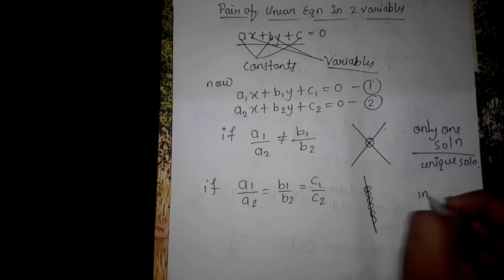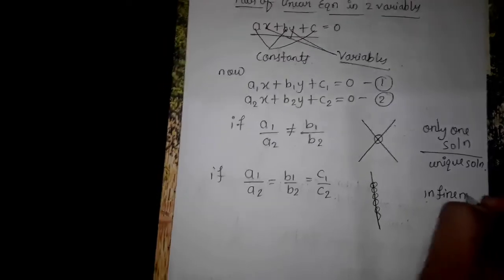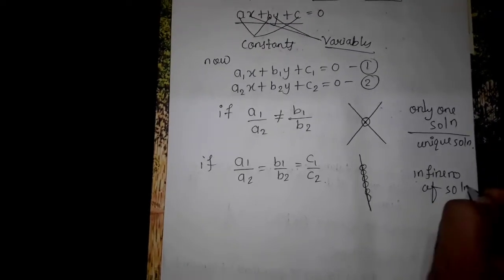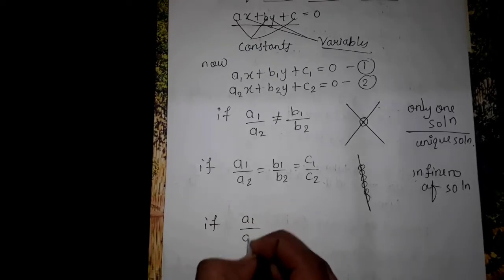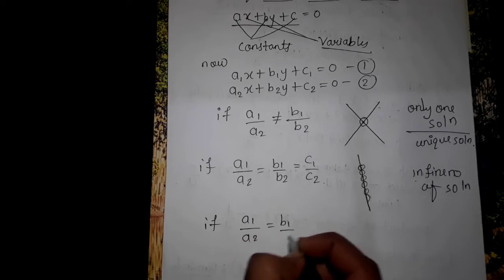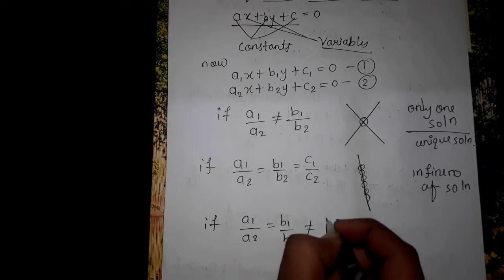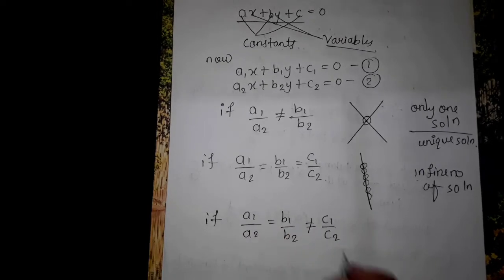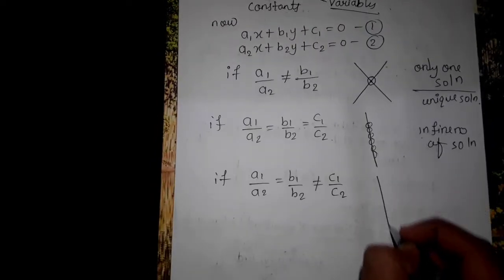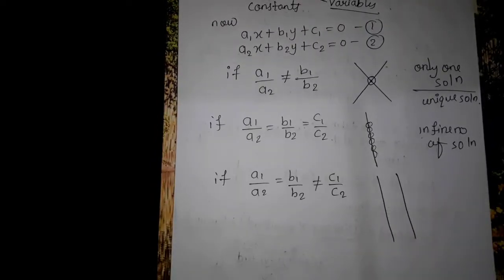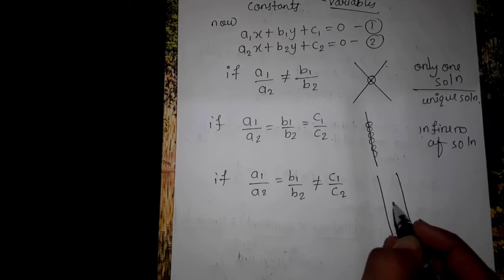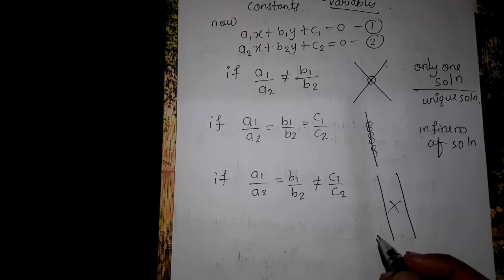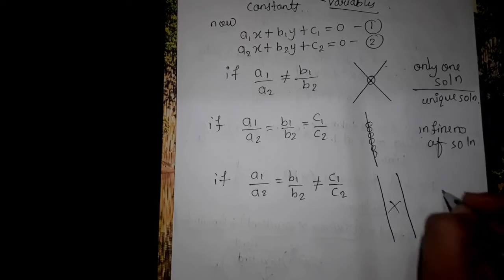It means there are infinite number of solutions. If a1 by a2 is equal to b1 by b2 but not equal to c1 by c2, it means both the lines will be parallel to each other graphically. If two lines are parallel to each other, then there are no points in common between the two lines, therefore no solutions.